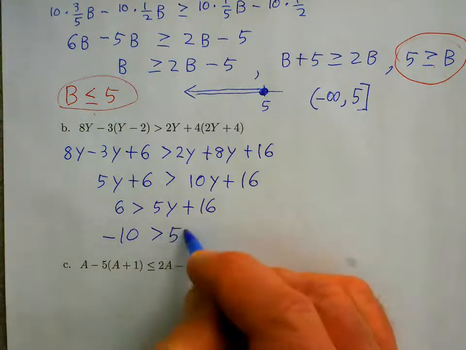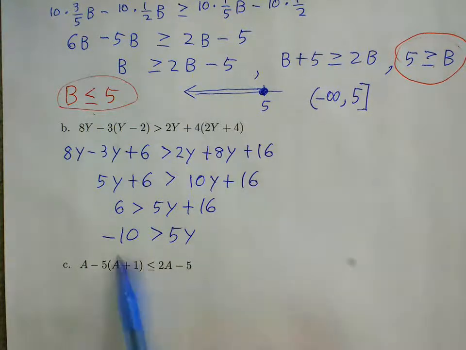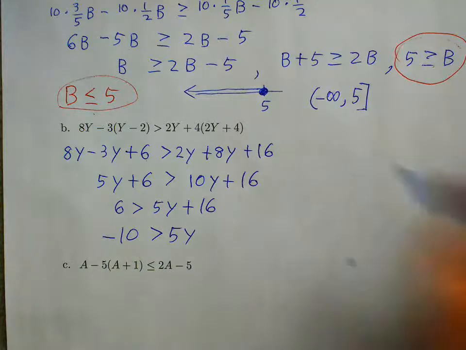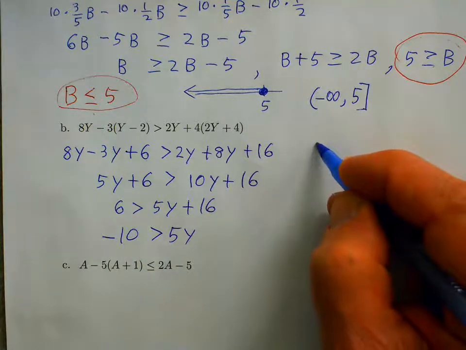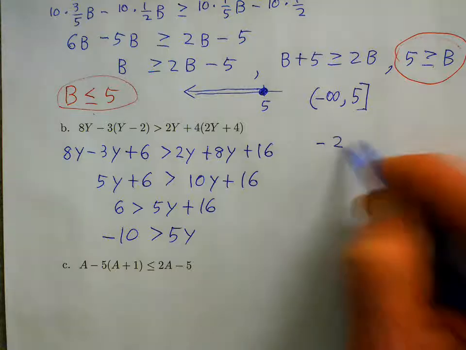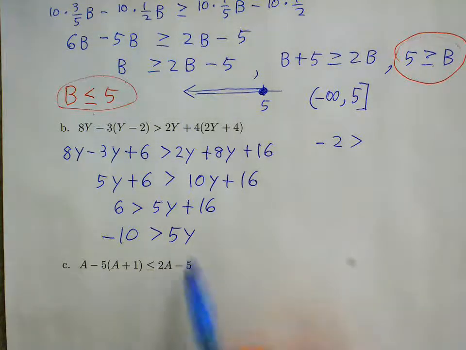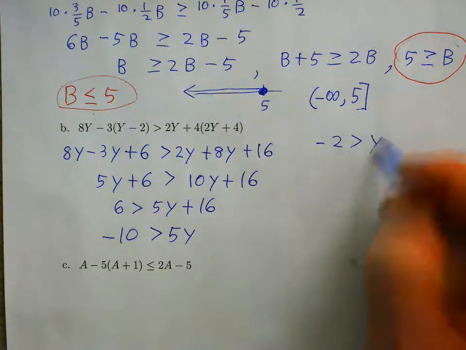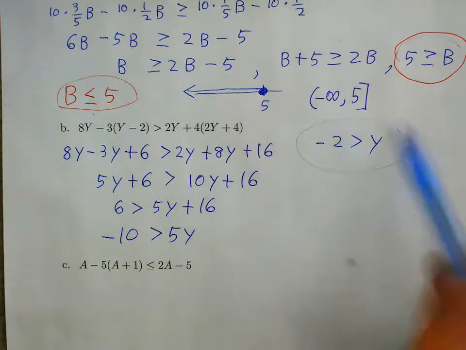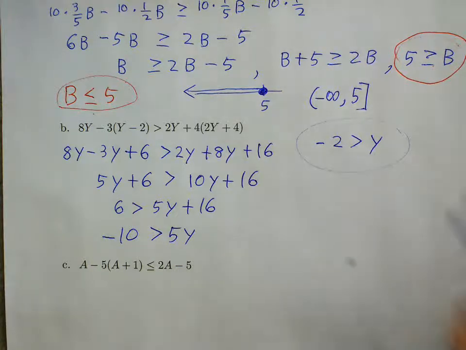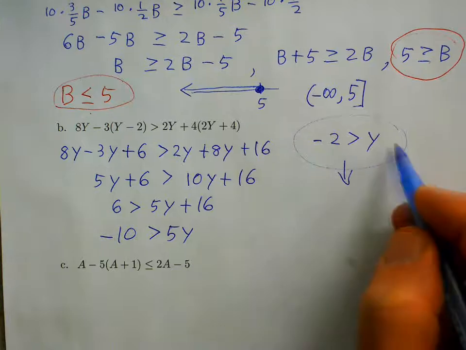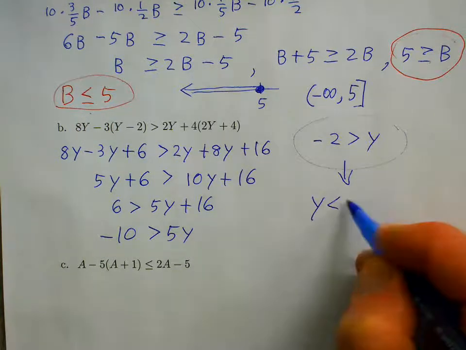Negative 10 is greater than 5y, and then divide both sides by positive 5. Negative 10 divided by 5 is negative 2, greater than 5y divided by 5 is y. So negative 2 greater than y, this is equivalent to y is less than negative 2.